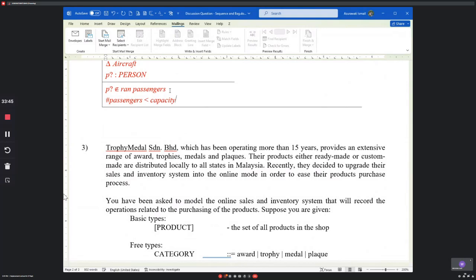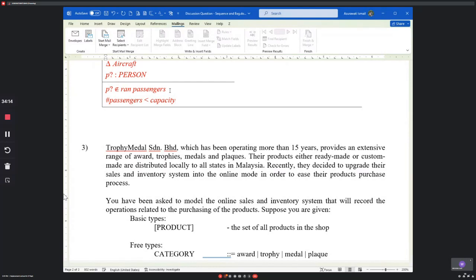So the maximum, if we want to allow a passenger to board the aircraft, the maximum total passengers in the aircraft should be 199. That is the maximum, so that at the end, we can allow another person to board the aircraft. So total passengers here must be less than capacity.